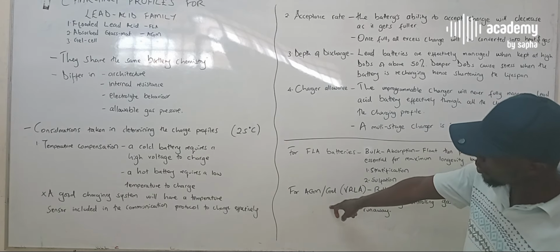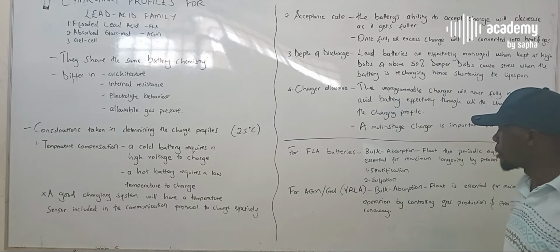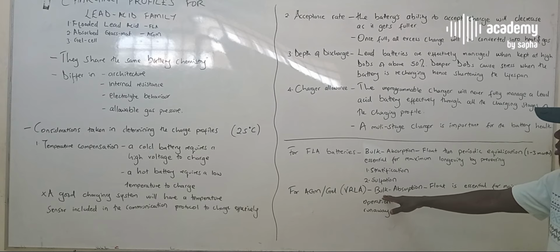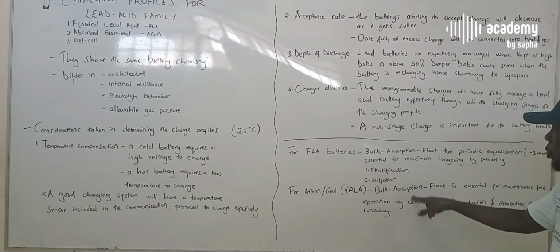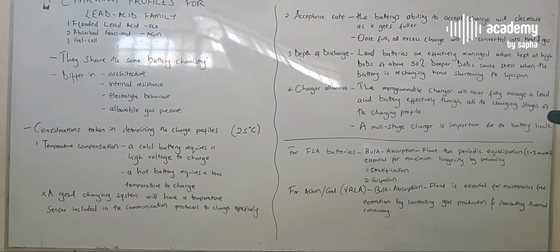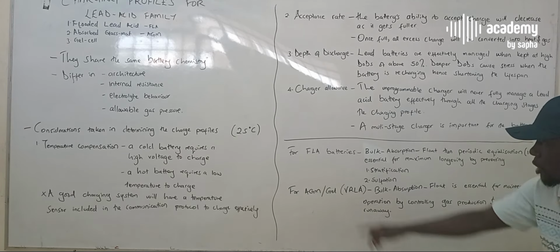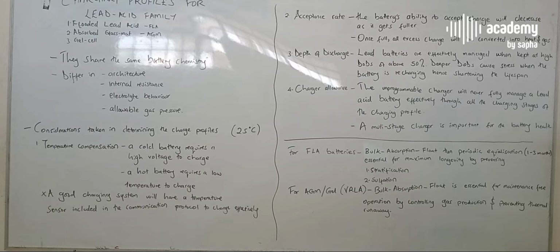For absorbed glass mat and gel batteries, this is the preferred charging stages in the charge profile. We start with the bulk, we go to the absorption, and we go to the float. It's essential for maintenance-free operation, because gel batteries are normally marketed as maintenance-free. You just install them and leave them. But that will also depend on the other subcomponents that you link it to.